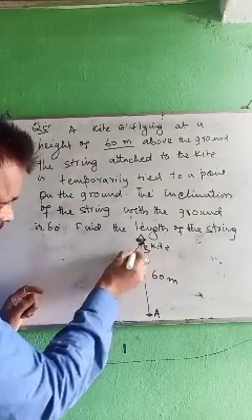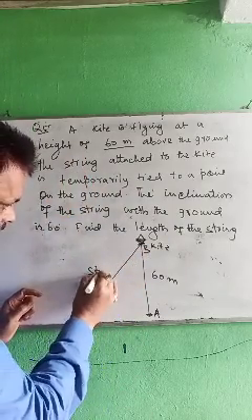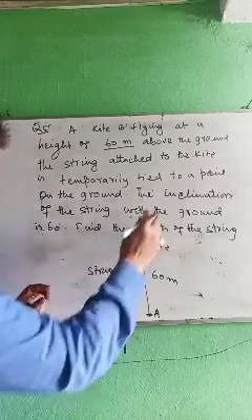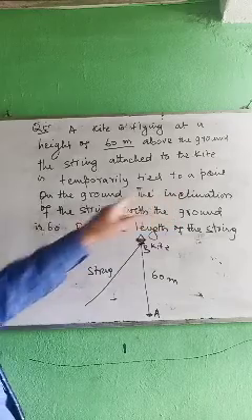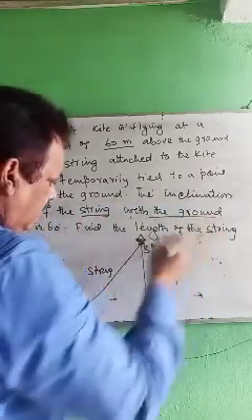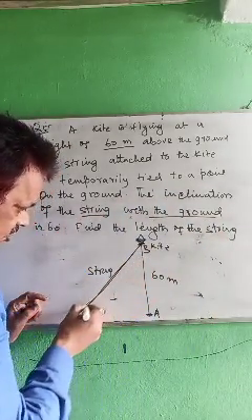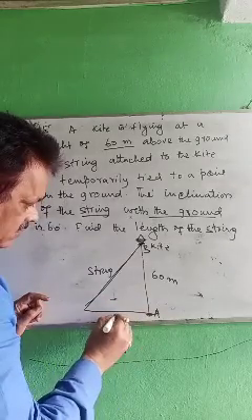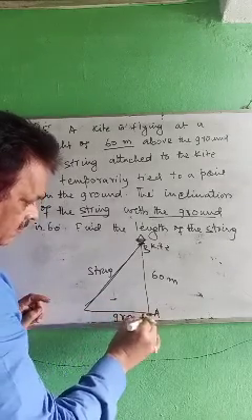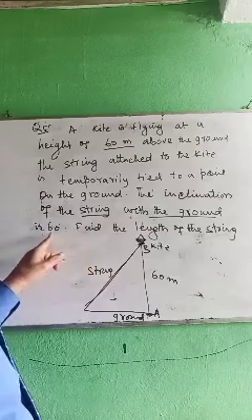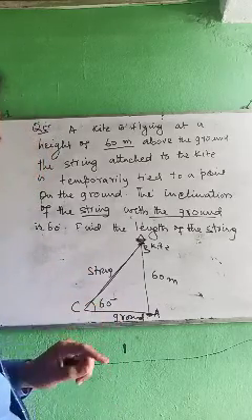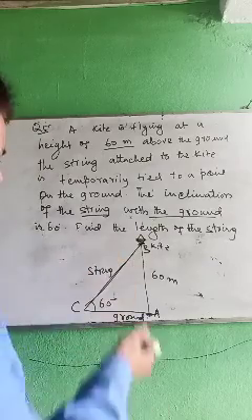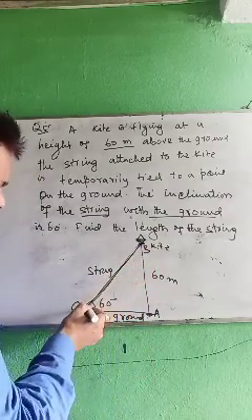Obviously, the string will be like this, tied to a point on the ground. The inclination of the string with the ground, this is your ground now, how much? It is 60 degree. This is point C. Find the length of the string, means this is the length of the string.